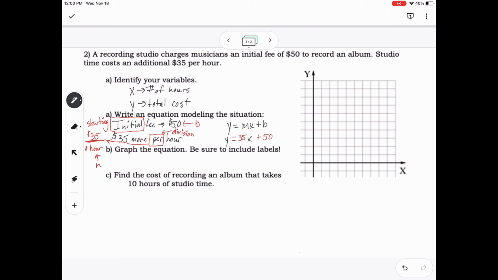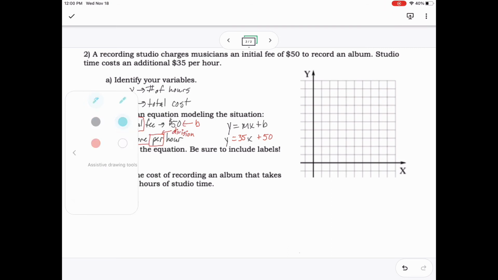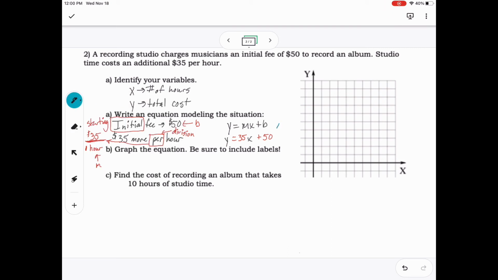Okay, so now I want to be able to graph. Well, we practiced this in the last video for part 2. So I want to graph my y-intercept first, right? So that gives me the ordered pair of (0, 50). Looks like my graph is not really set up for 50 or anything else. But because you have a 35 here, that means you have to go up 35.